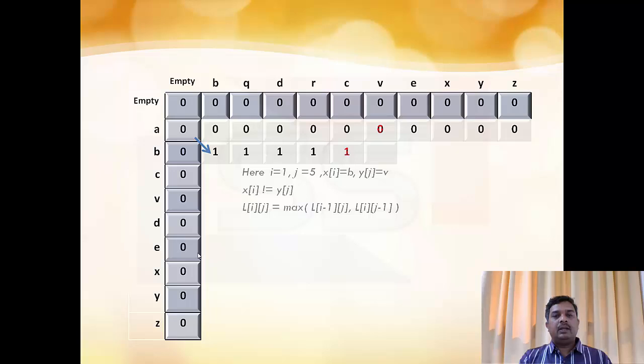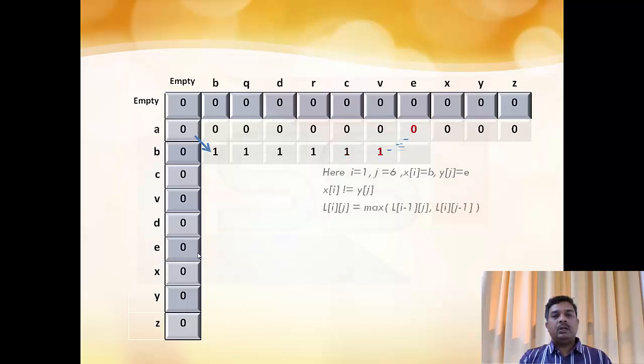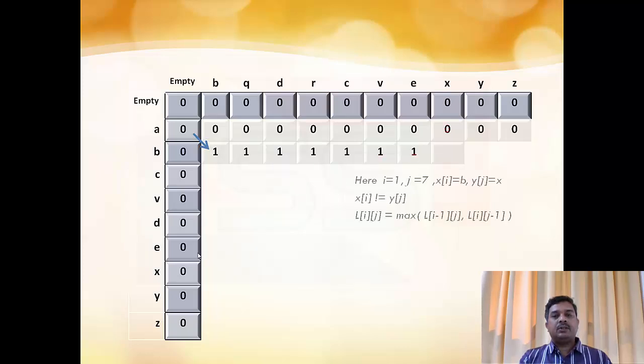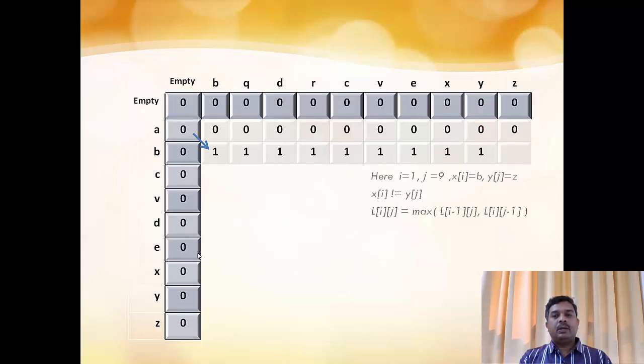B and V, B and E, B and X, B and Y, and B and X again, none are same, so we are taking the maximum each time. Second row also got completed.